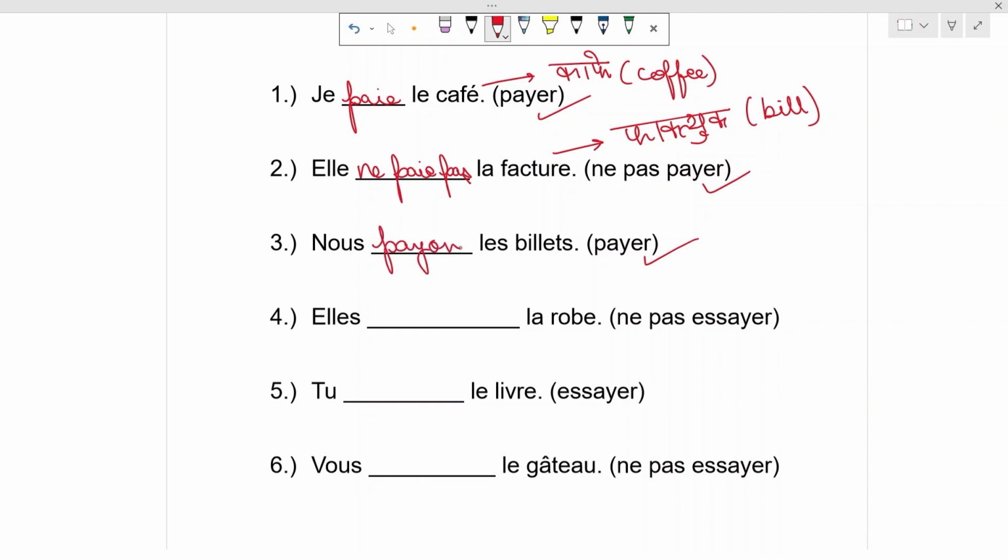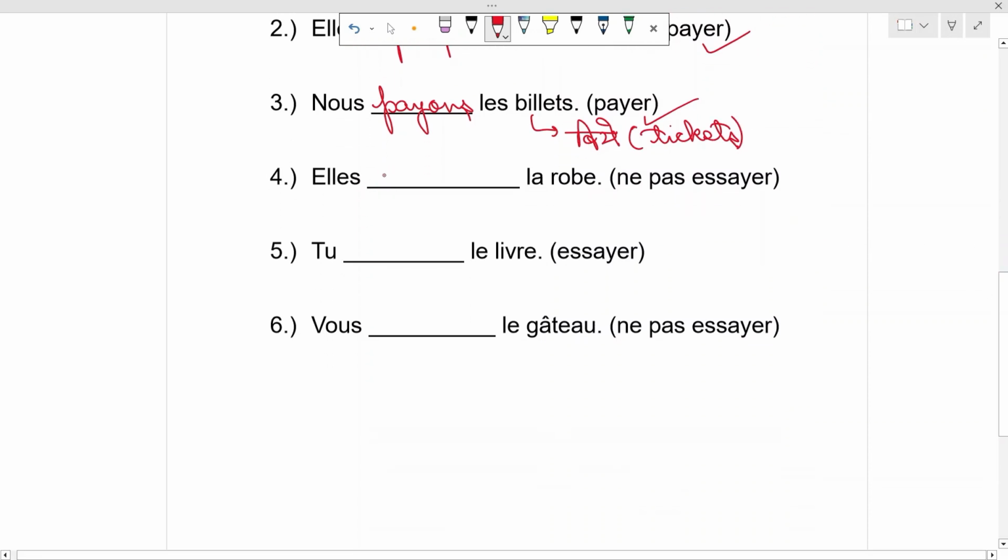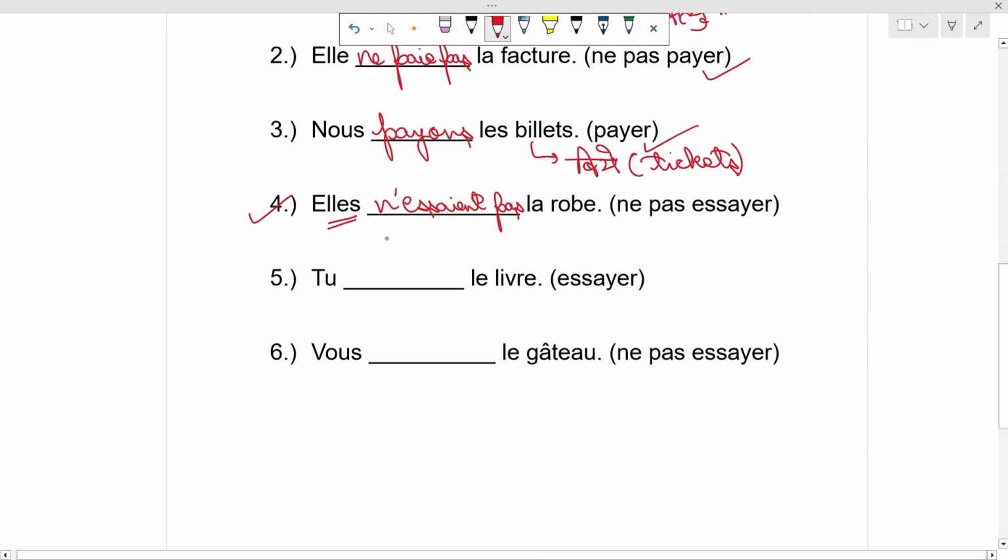Nous payons les billets. We are paying for the tickets. Elles, here we have to use the negation of the verb essayer in the third person plural. Elles n'essaient pas la robe.